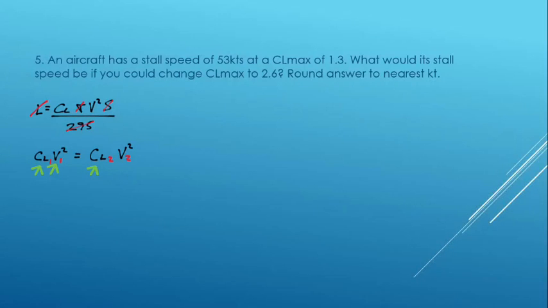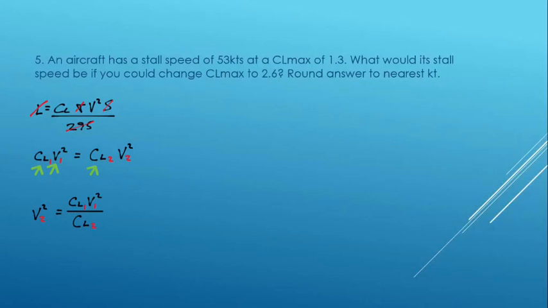So we've got the first condition and the second condition, and we solve that algebraically for our velocity. Velocity squared is equal to the coefficient of lift times velocity squared, both condition 1, divided by coefficient of lift condition 2.